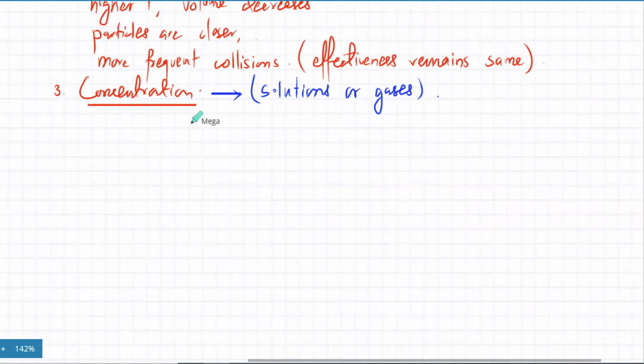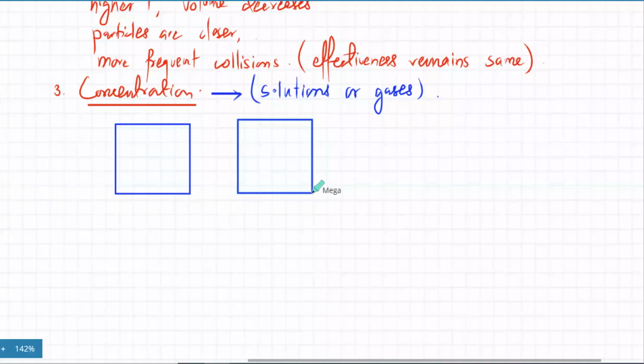So it only applies to something that is in gaseous state or in aqueous state. If particles are far apart, they are dilute, less concentrated.